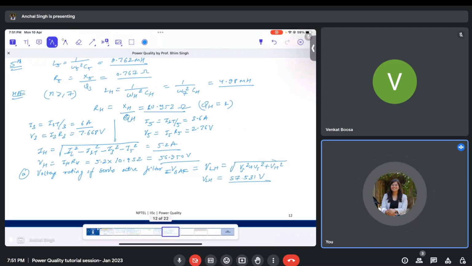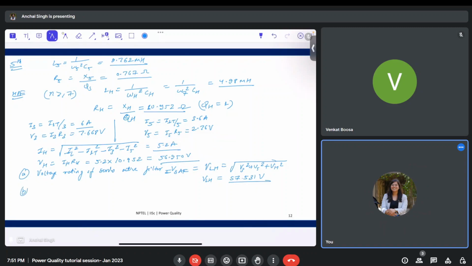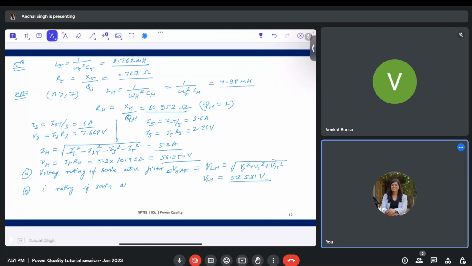Similarly, current rating of series active filter will be equal to the supply current after compensation, right? Which is equals to IL1A, which is equals to IL1 into cos theta, which we have already calculated as 15.588 amperes.